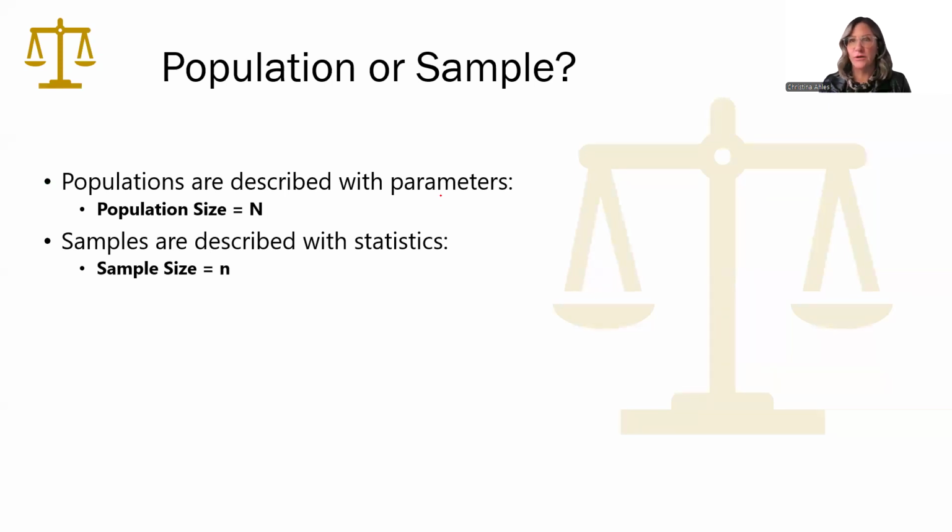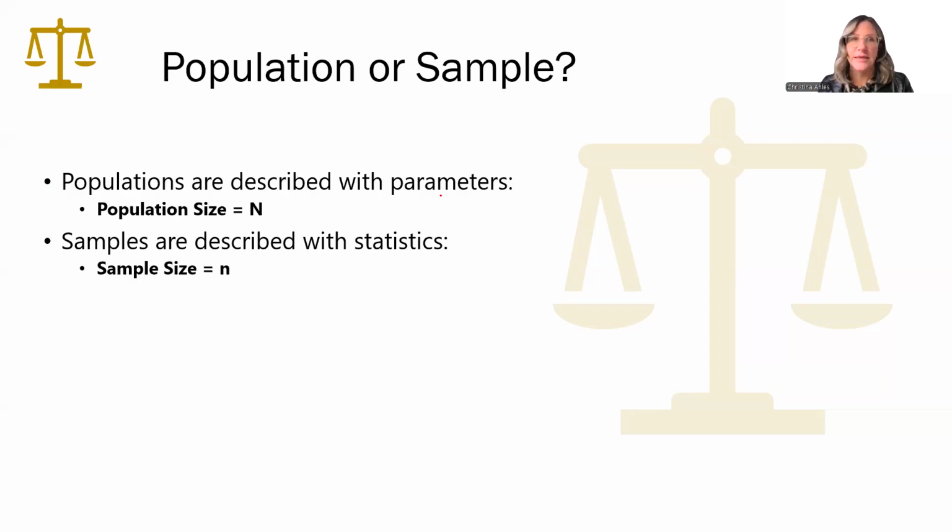First, before we start on talking about the means, let's remind ourselves about the notations, because when we start doing some of these calculations and reporting statistics or parameters, they use different notations, and sometimes they use different equations depending upon whether it's a population or a sample.